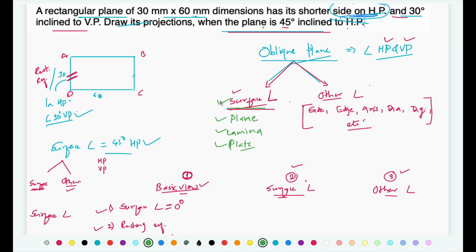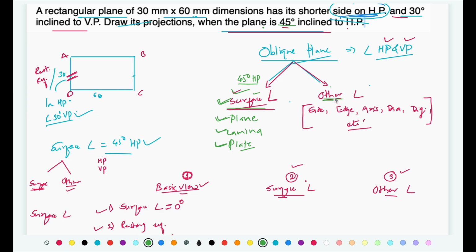So if any of these is there in a question statement, all these are going to indicate the surface inclination. So this 45-degree is the inclination of the surface, 45-degree with HP, and the second inclination, as we mentioned earlier, is the other inclination.